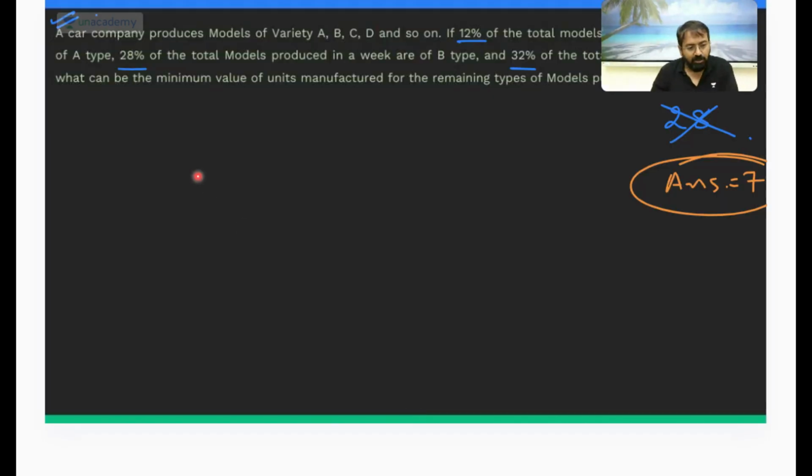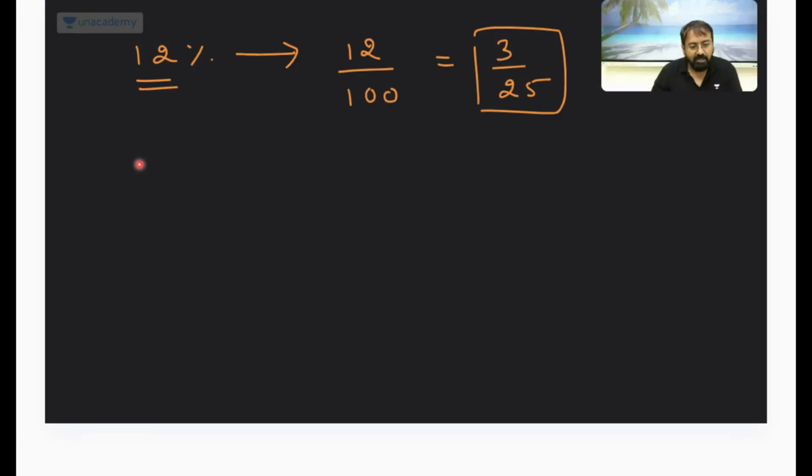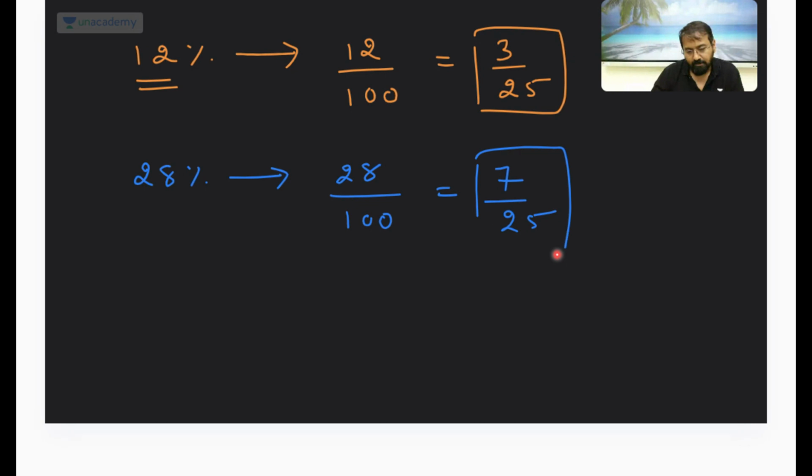Similarly, the fraction equivalent to 28%. Can I say it's 28 upon 100? Or you can say 7 by 25. Yes, it will be 7 by 25. 32%. So I can say 32 upon 100. Or you can say 8 by 25.